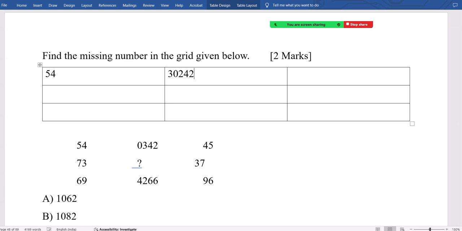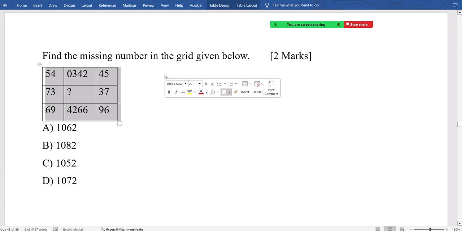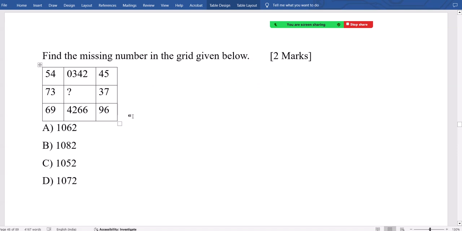54, see, they have wantedly given 0, 3, 4, 2. There is something for that. Don't say, sir, this number, that number, reverse. That's what they are giving as the clue. 69, 96 is reverse. 54 and 45 are reverse. 73, 37 reverse. 54 multiplied by 45 is 2430.